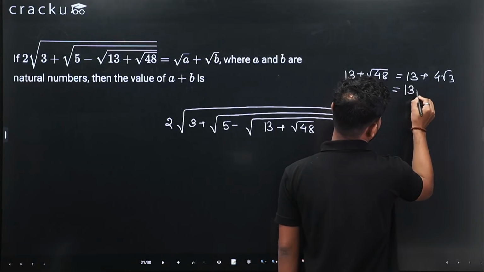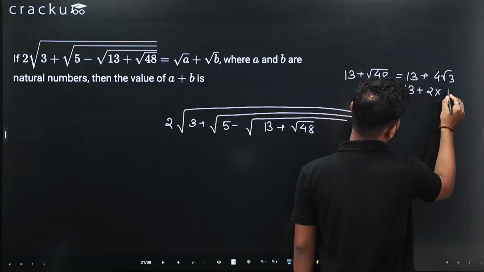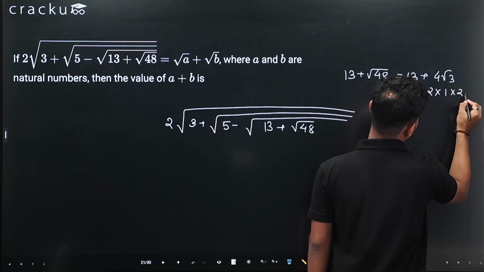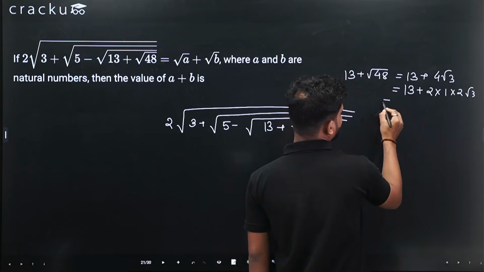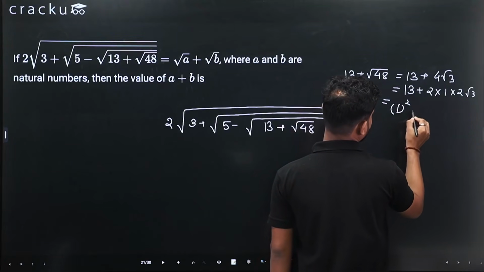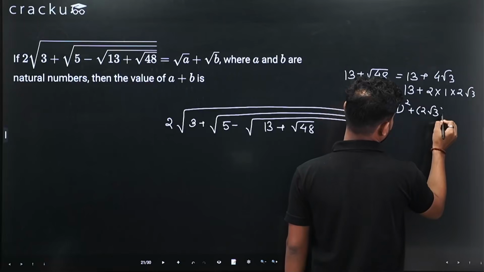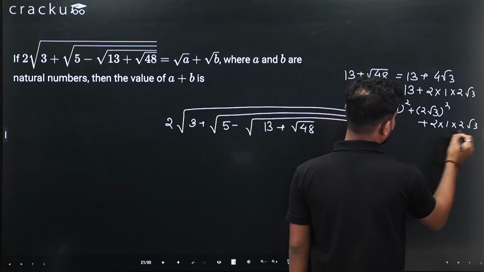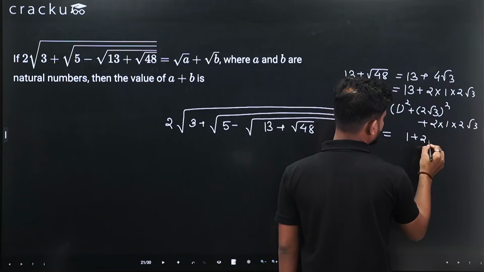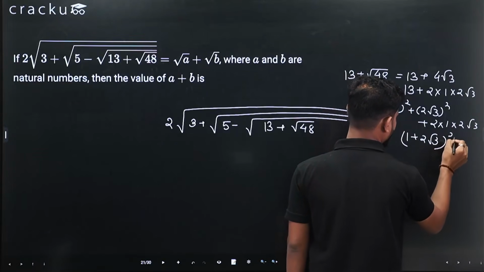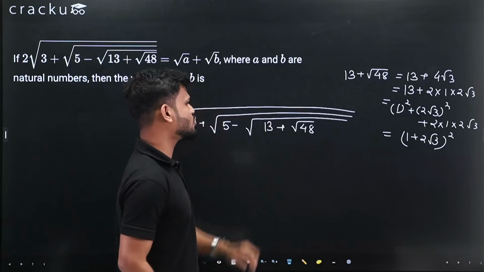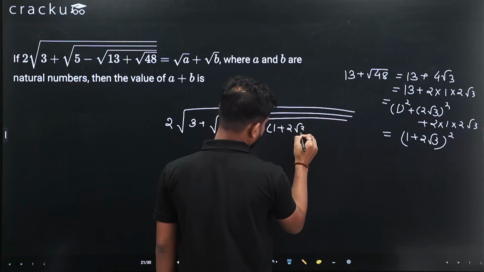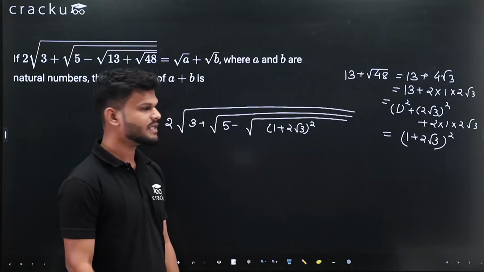You can write this as 13 plus 2 into 2 root 3, or 2 into 1 into 2 root 3, right? 13 you can write as 1 square plus 2 root 3 square plus 2 into 1 into 2 root 3, or this is nothing but 1 plus 2 root 3 whole square, right? I will write this as 1 plus 2 root 3 whole square, correct?